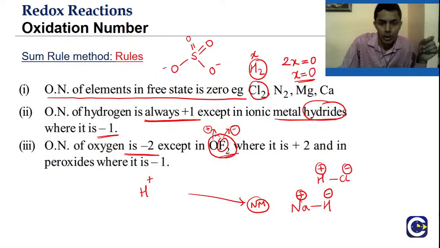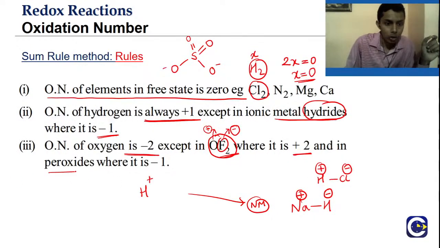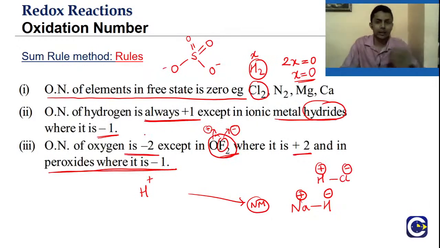So in case of OF2, it will be plus 2. And in case of peroxide, it will be minus 1. Best example for peroxide would be H2O2, hydrogen peroxide.